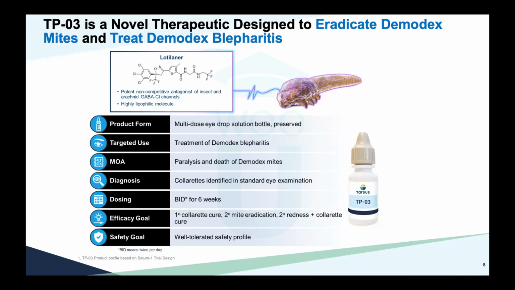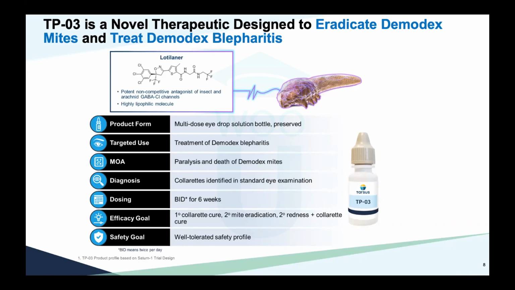For those of you who are not familiar, TP-03 is an eye drop. Okay, so it's an eye drop that's used in a bottle for the treatment specifically of Demodex blepharitis. It paralyzes and kills those Demodex mites. So absolutely gone, bye-bye.